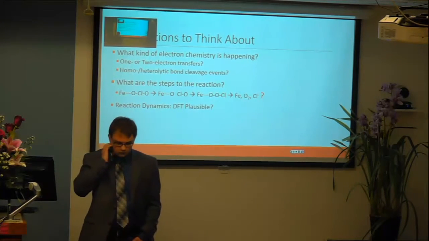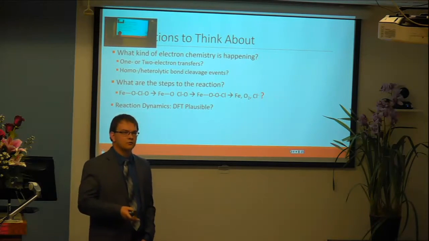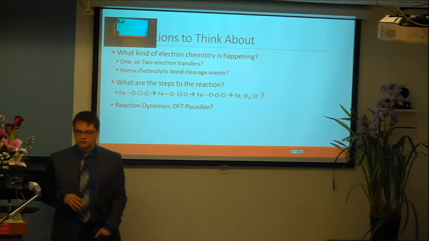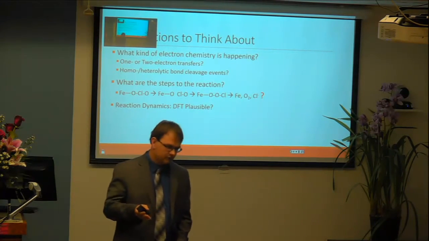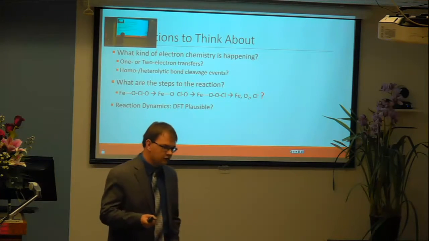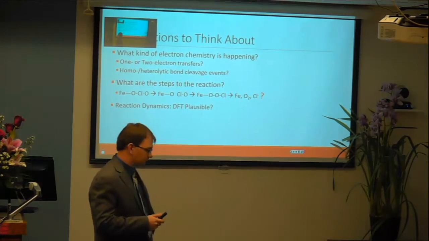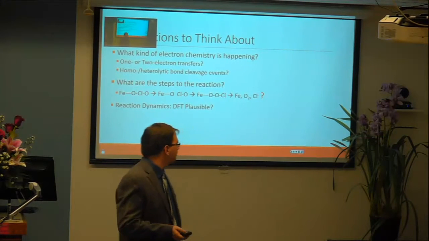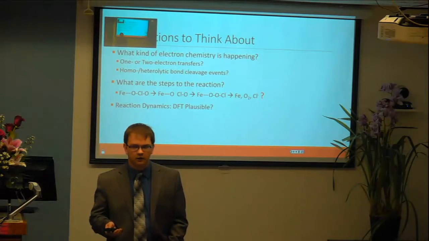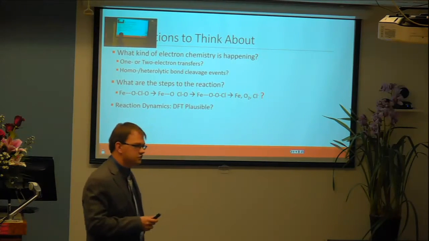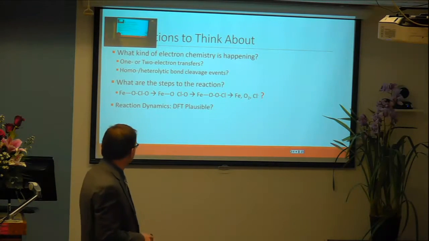So, what reaction is happening? We're looking at chlorite, so oxygen bonded to a chlorine bonded to another oxygen, usually in a single anionic form. It's hypothesized and also seen in experiment that one of the oxygens will bind to the iron, and then we go into some transition state, possibly one where you have a hypochlorite ion stabilized by nearby amino acid chains, mainly an arginine sitting above the surface.